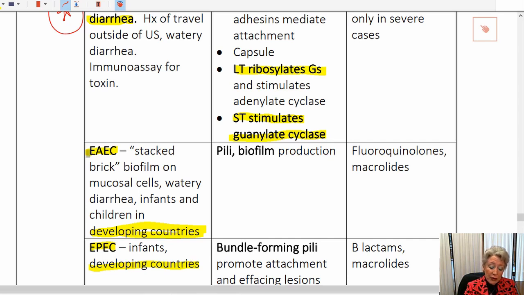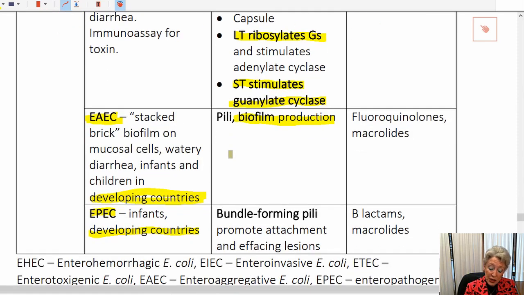However, enteroaggregative is the one that is a biofilm producer, and enteropathogenic is the one that has bundle-forming pili that will promote effacement lesions in the bowel.